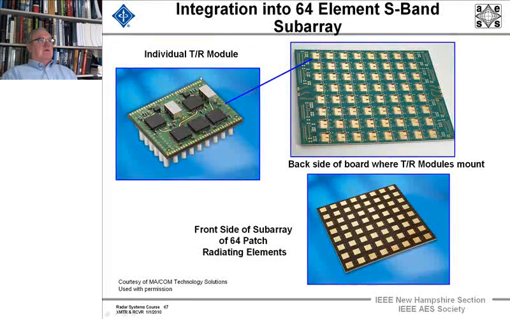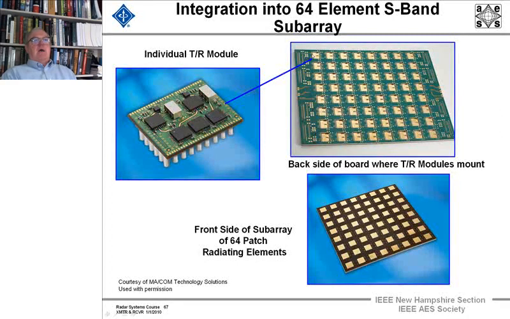And now here's an individual TR module, and they are all integrated on the side of a board, and this is the top side, not where the antenna is. I'm going to show you the antenna, it's down below. But this individual TR module is just this little box up here.